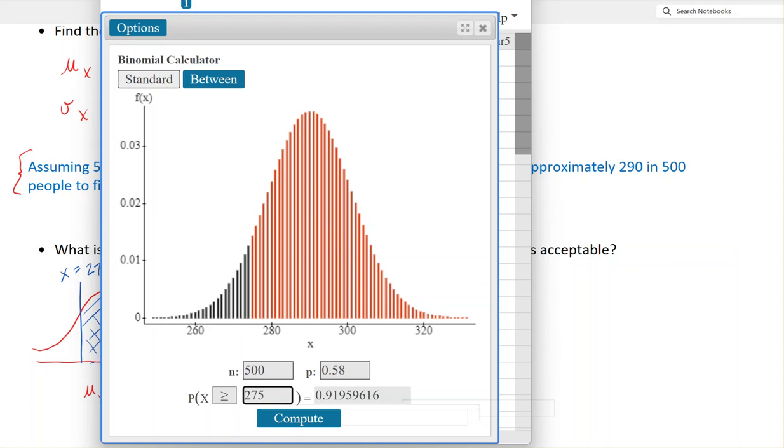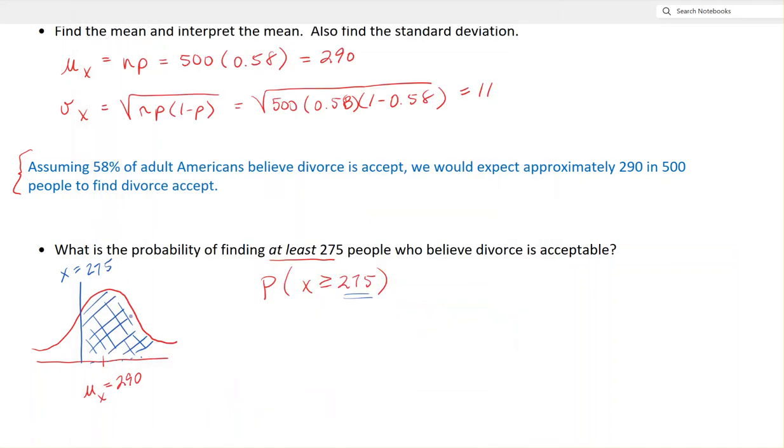So for StatCrunch, an area that's shaded red would be, in our question in this particular chapter, the success. That's what we're looking for. So this area that's colored red to the right of my 275 is similar to the area that we shaded over here.